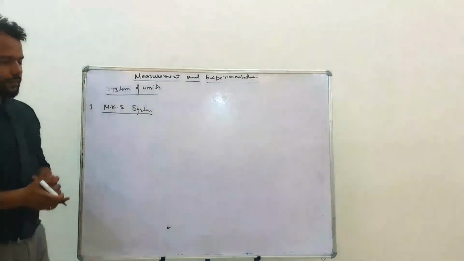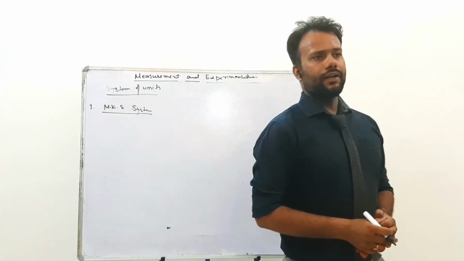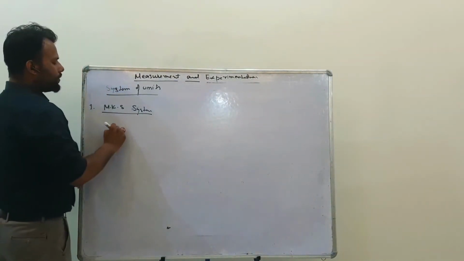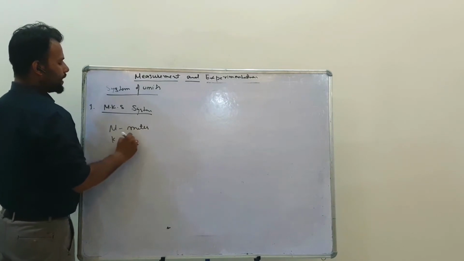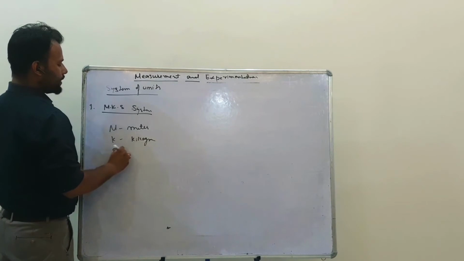Now what does this MKS mean? M stands for meter, K stands for kilogram, and S stands for second.